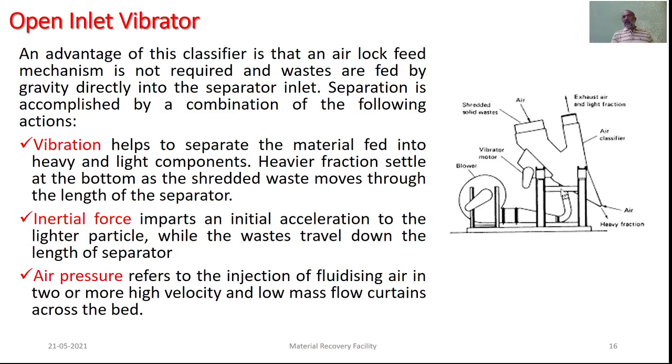Also, as the lighter content is forced through this air current, that light fraction will be removed through the exhaust, and the vibration will cause the separation of material having different densities. Such an open inlet vibrator facilitates the separation of various streams that exist in the MSW.